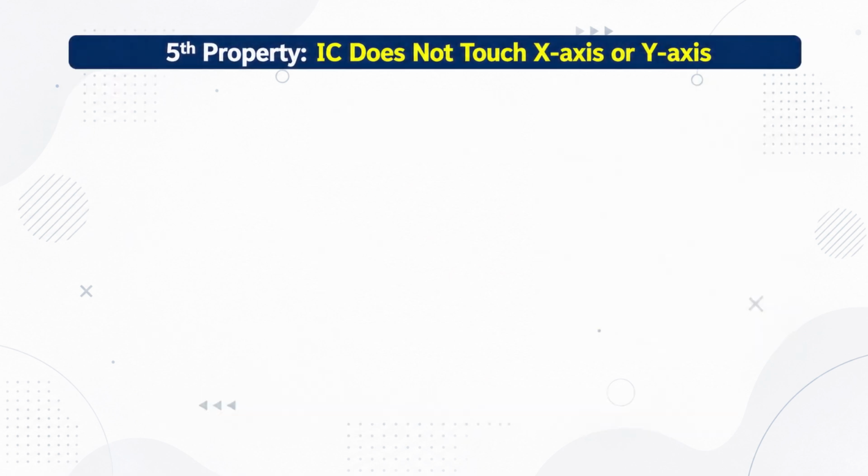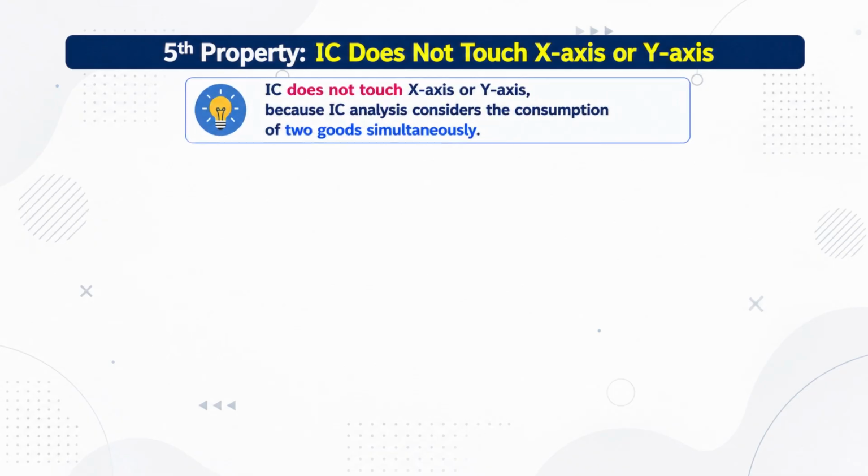Let us look at the fifth property of an indifference curve. An indifference curve does not touch either the x-axis or the y-axis. This is because indifference curve analysis considers the consumption of two goods simultaneously. In our example, the two goods are apples and oranges.